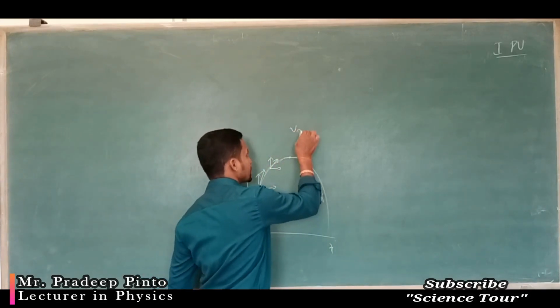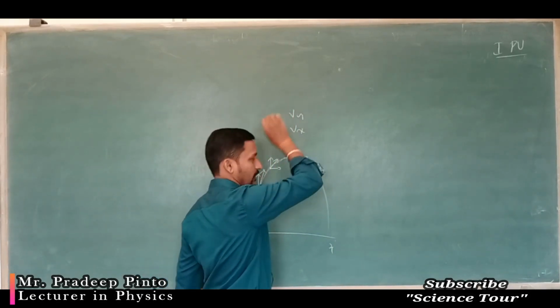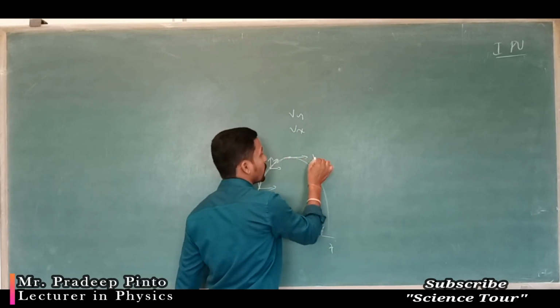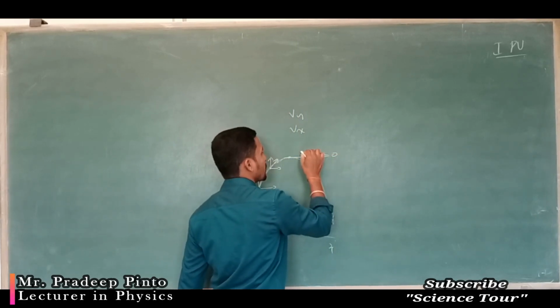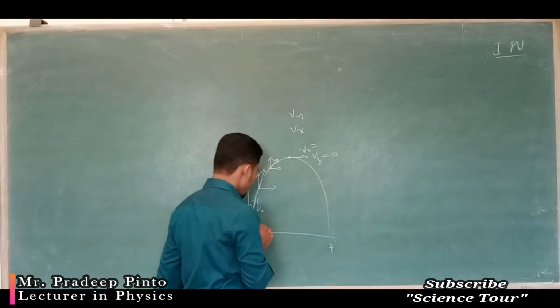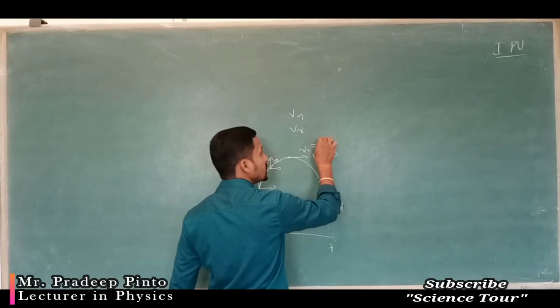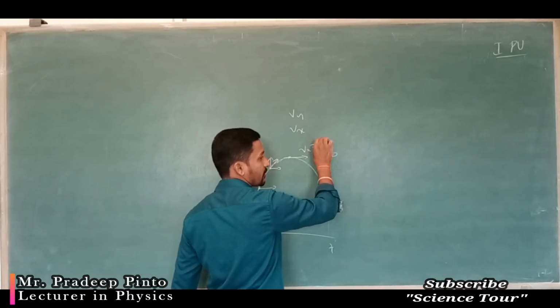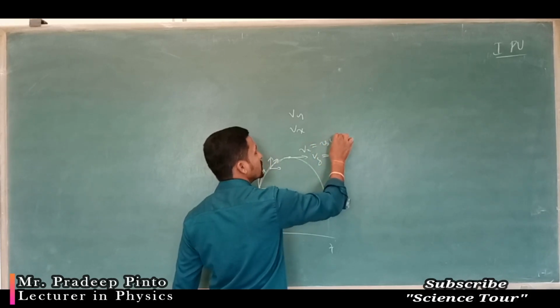One is the Vx velocity, another is the Vy velocity. At the highest point, Vy becomes 0, but Vx will be the same as the initial horizontal velocity, that is V naught cos theta.